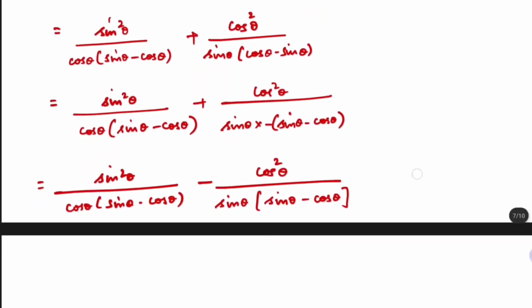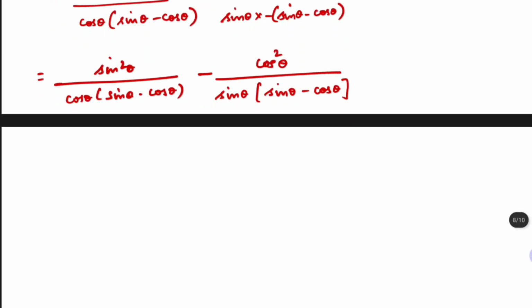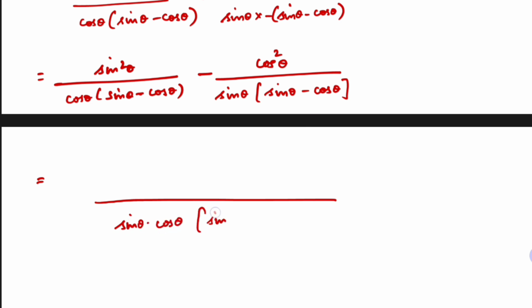Now taking LCM, we have common denominator sin theta minus cos theta. We have to multiply only sin theta and cos theta to make it a common denominator. Let's take sin theta into cos theta into sin theta minus cos theta as a common denominator. In the numerator, in the first term, we have to multiply sin theta.